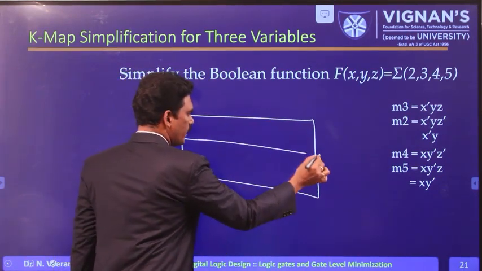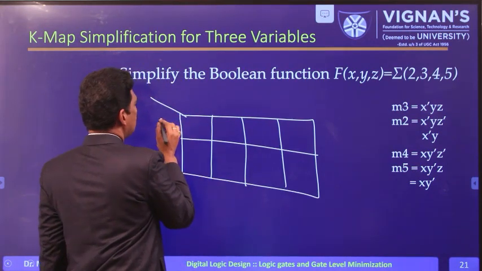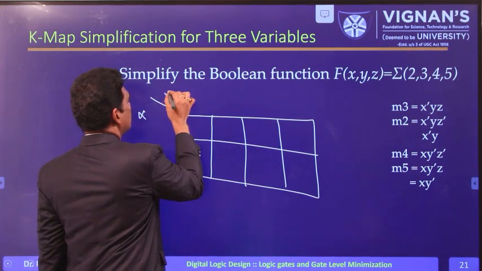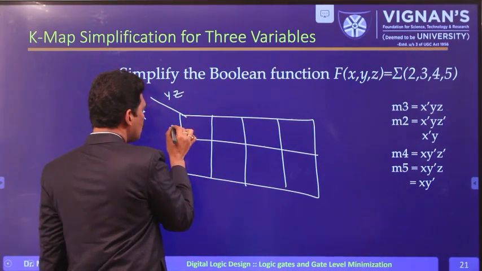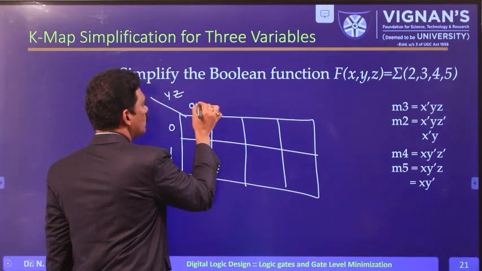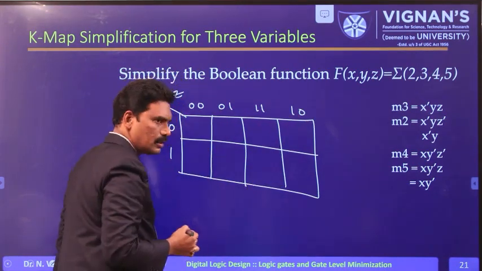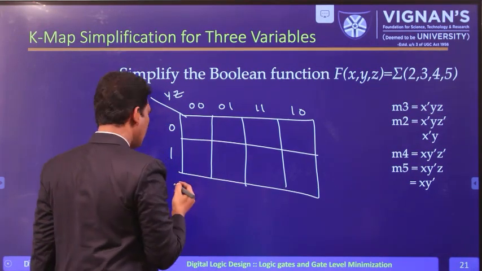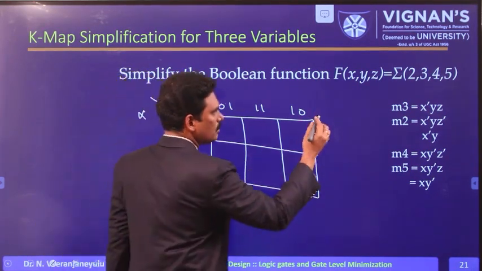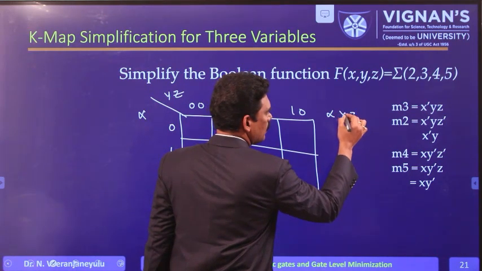So consider another K-map. This is X and this is YZ. This is 0, 1, and 00, 01, 11, 10. Based on these combinations, we know X bar, Y bar, Z like this.